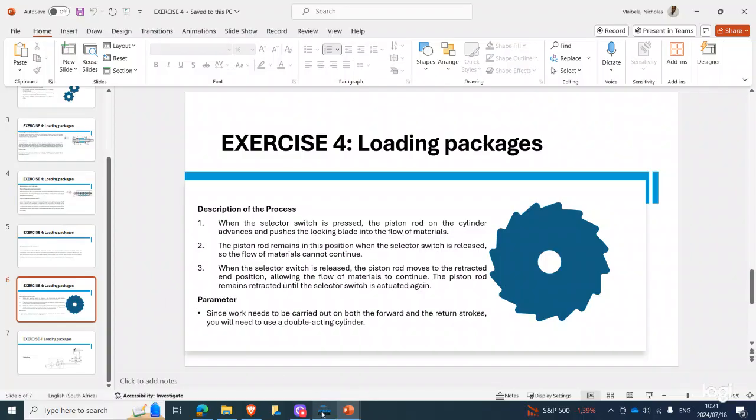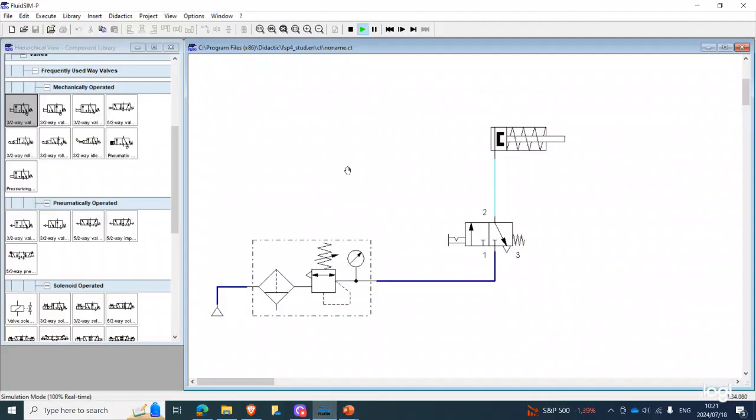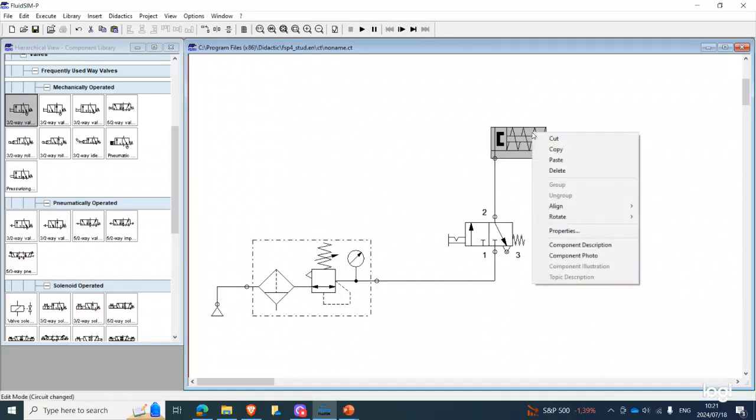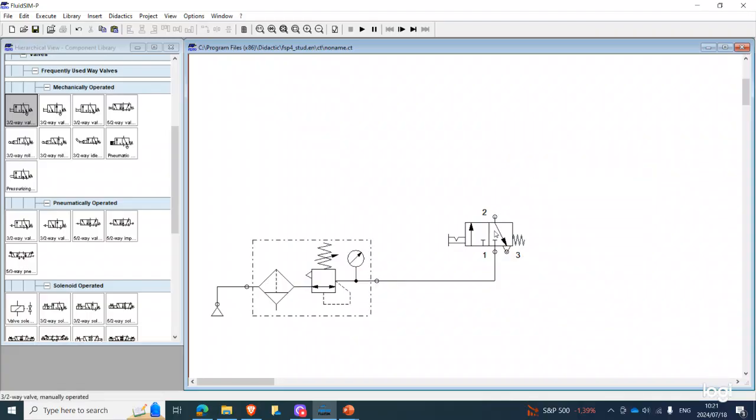So now coming to the exercise, since the main parameter of our exercise, we are told that we always have to use a double acting cylinder, right?